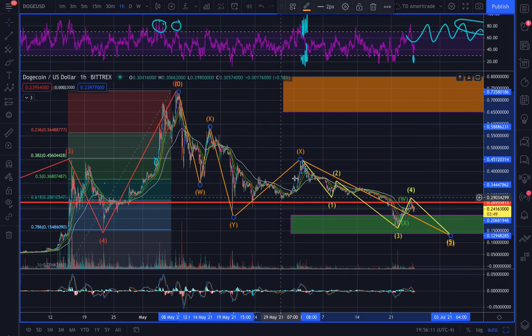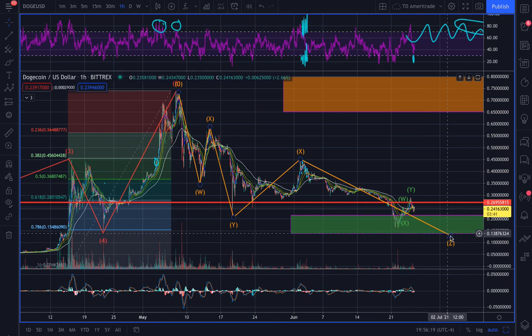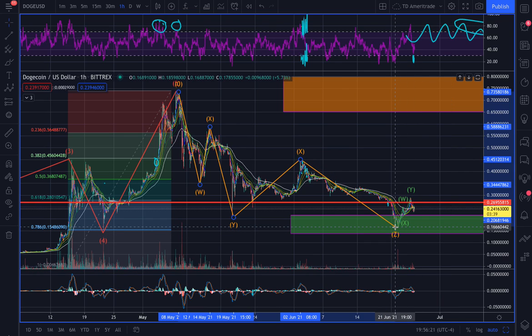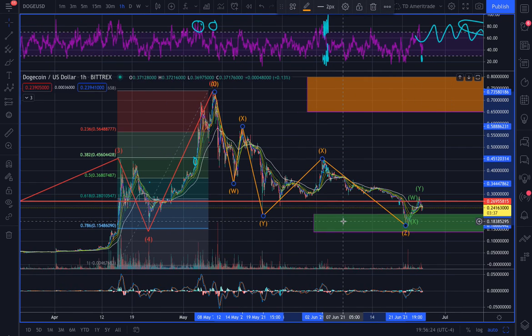But I'm pretty sure they're all supposed to be 3-3-3 for WXYZ. So I don't think this is the case. That could have happened. This could be the end of the correction.